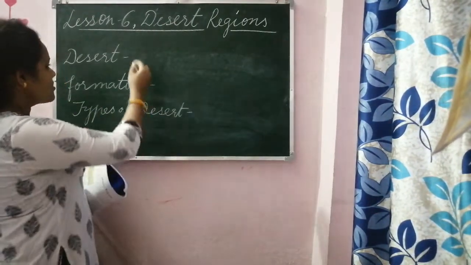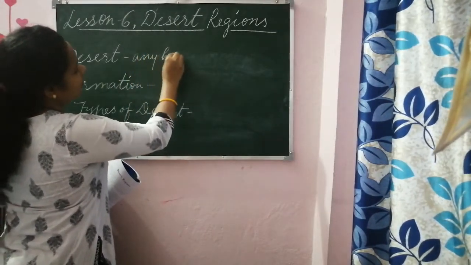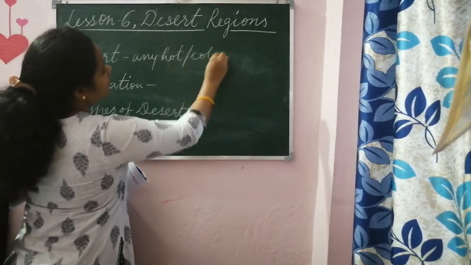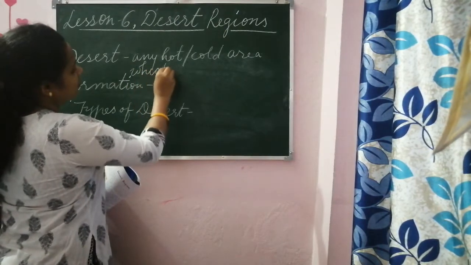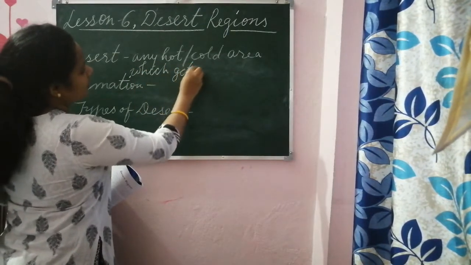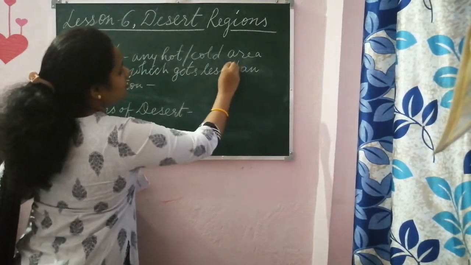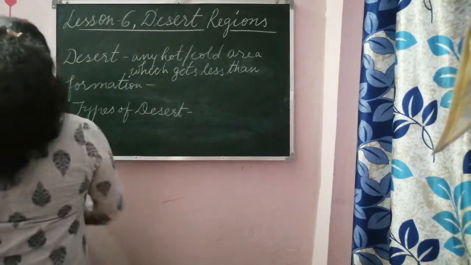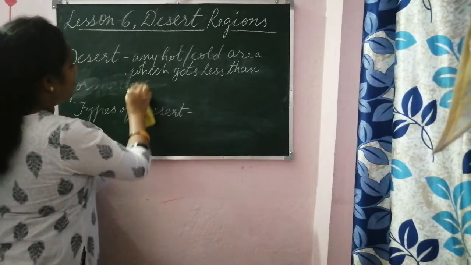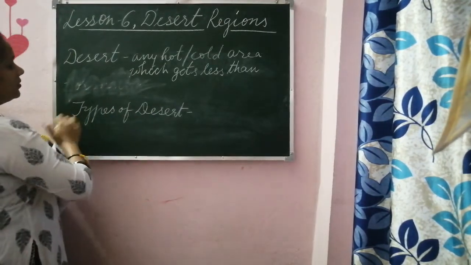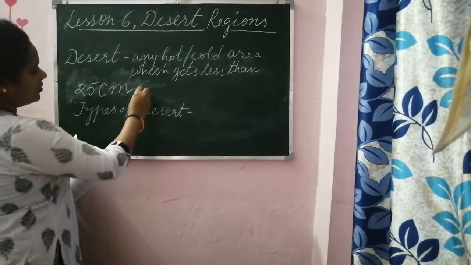So a desert is any hot or cold area which gets less than 25 centimeter of rainfall. I will write here: 25 centimeter rainfall.